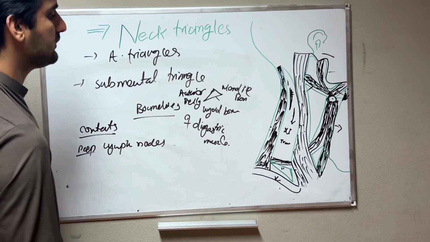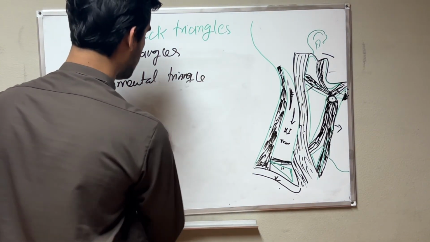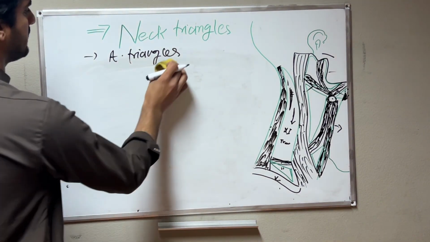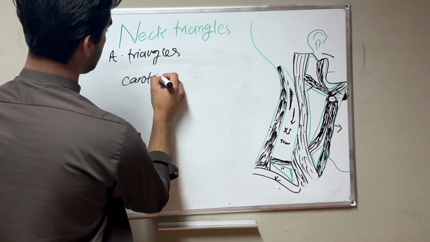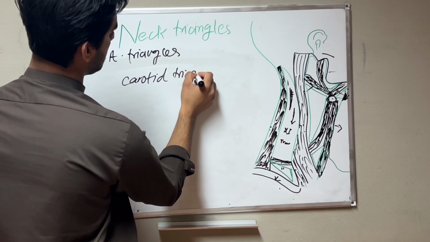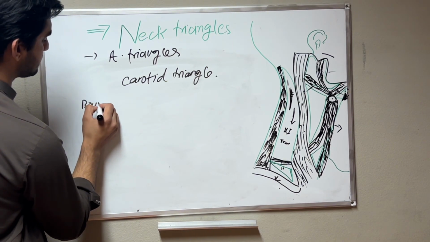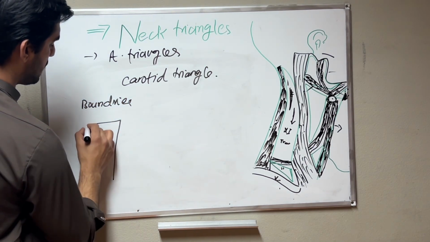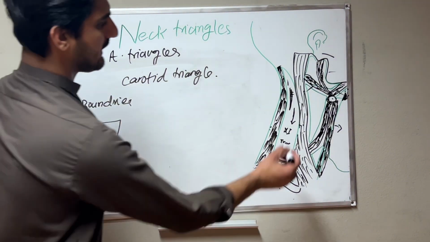Now the third triangle is the carotid triangle. Very important triangle. In the anterior triangle we have the carotid triangle. First we will talk about the boundaries of the carotid triangle.